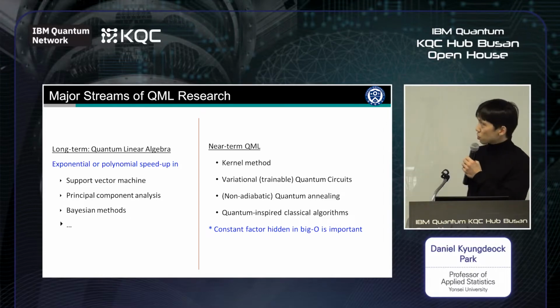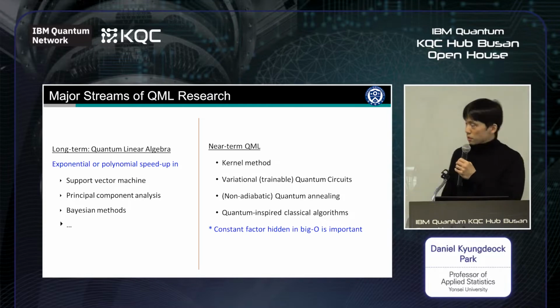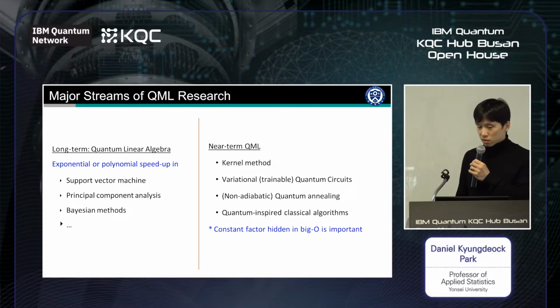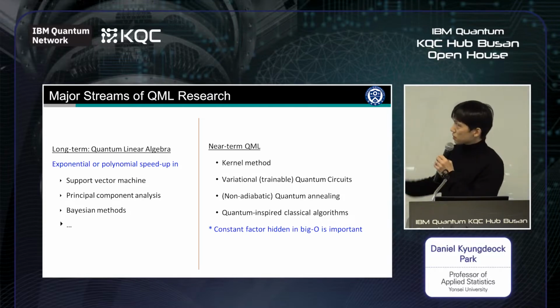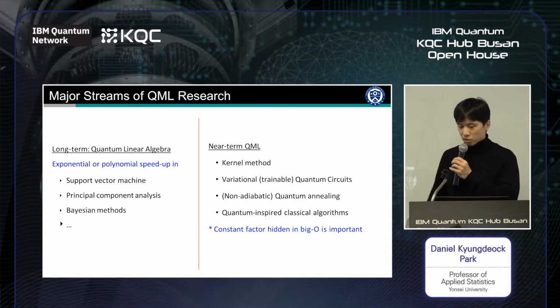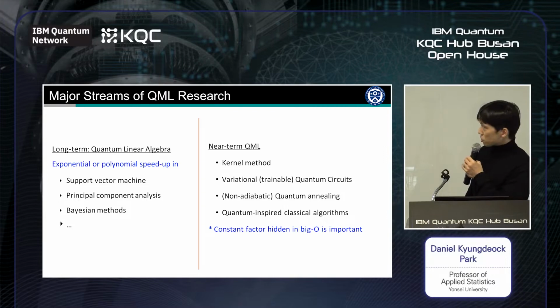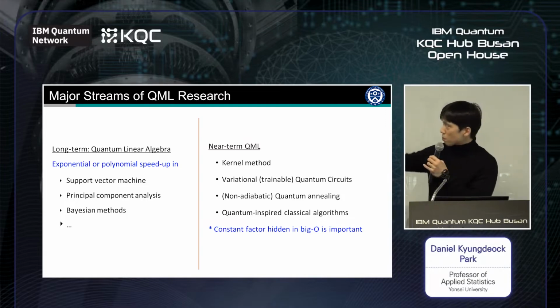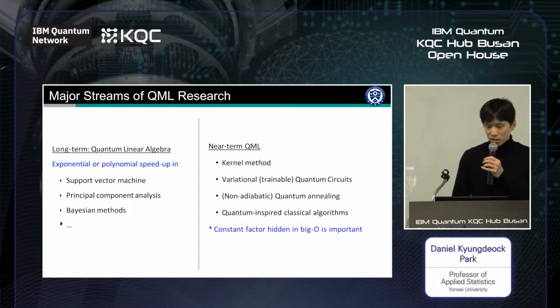For near-term quantum machine learning, I'm just going to list a couple of topics. There's the kernel method. There's also variational, in other words, trainable quantum circuits. There's non-adiabatic quantum annealing, and usually people don't mention this; they just say quantum annealing. But it's very important to note that we're not doing adiabatic quantum computing.